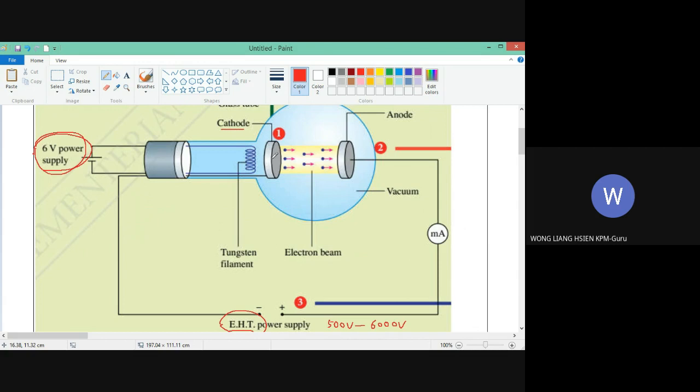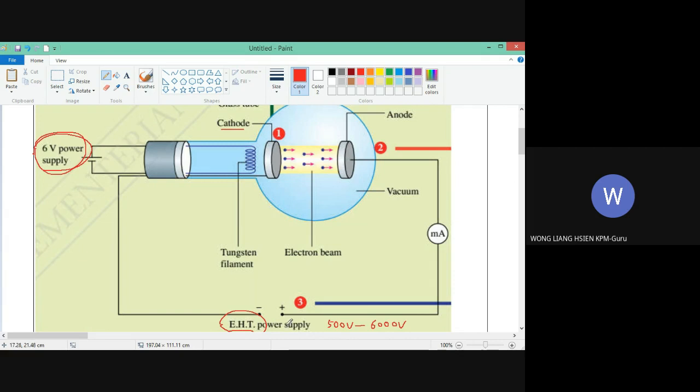But the electrons do not just fly out aimlessly, that means for no reason. Although the electrons already have enough energy, they don't escape yet. They only fly out when we turn on this EHT power supply.